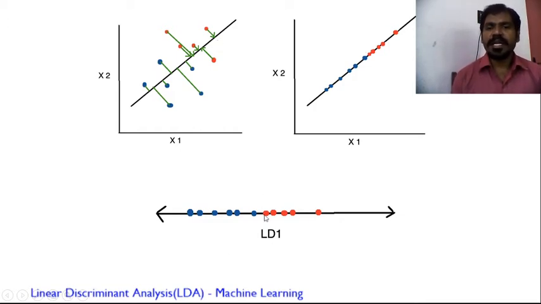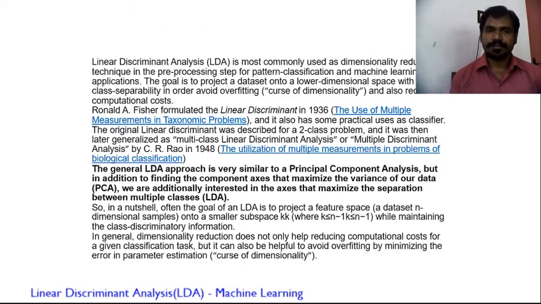That is the final LD1. The line should be such that it maximizes the distance between the means of the 2 classes, so that it can be rotated onto the x1 axis and becomes LD1.